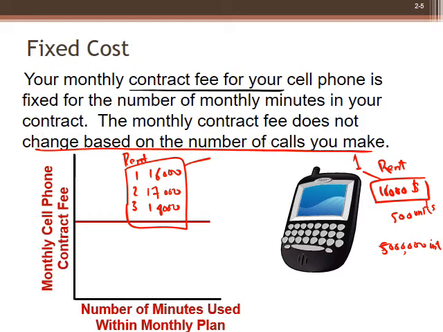But when the rent is fixed for 1 year, it means whether you produce 500 units or 5 million units, the rent would be 16,000 for a whole year. So within the relevant range, the cost is not varying or the cost is constant. We call this fixed cost.